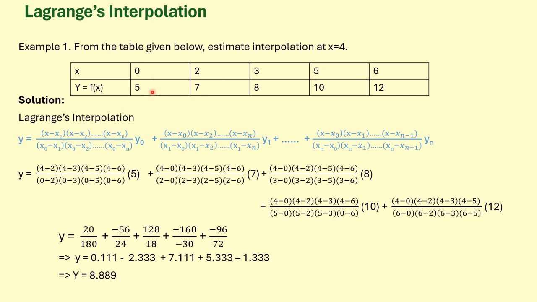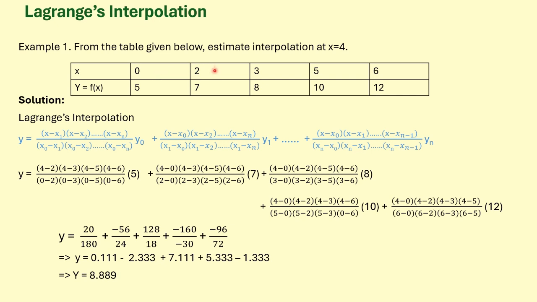4 minus x1 we are writing here. Then x minus x2, that is 4 minus 3. Here we are skipping the term x minus x naught, because in the formula we don't have the x minus x naught term. Then here y naught is there. The y naught value is 5, we are writing here. Then x naught minus x1.